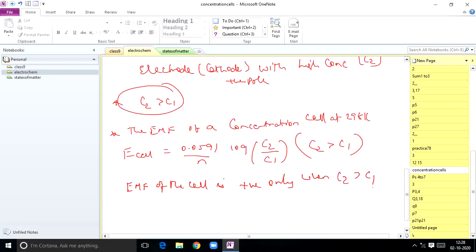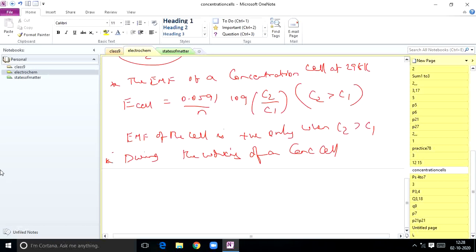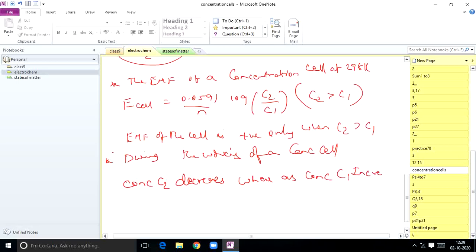So during the course of reaction, as the cell reaction proceeds, what happens, students, during the working of a concentration cell? Concentration C2 decreases, whereas concentration C1 increases till both the concentrations become equal.